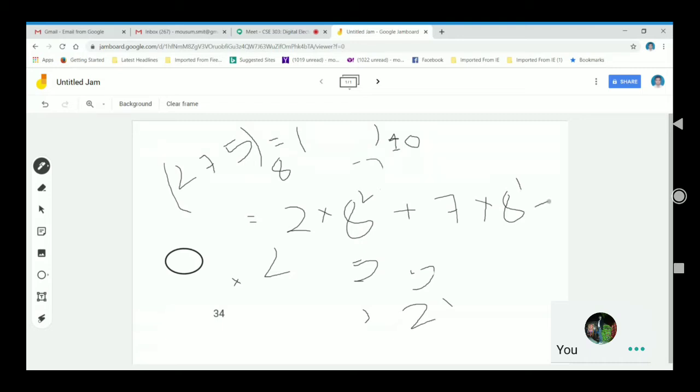And after that, 5 into 8 to the power 0. It is taking too much time, yes, it is very boring. So you multiply all those things and add them, and you get some particular value, and that value is the decimal number.